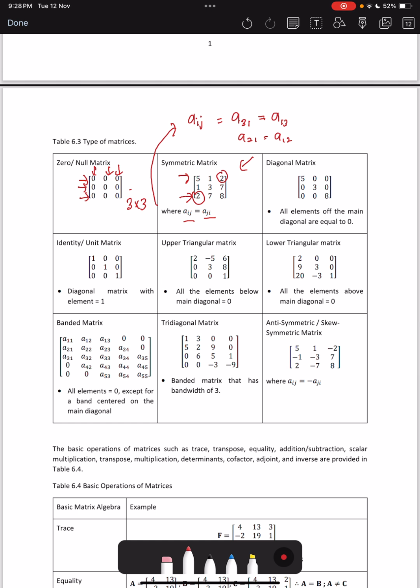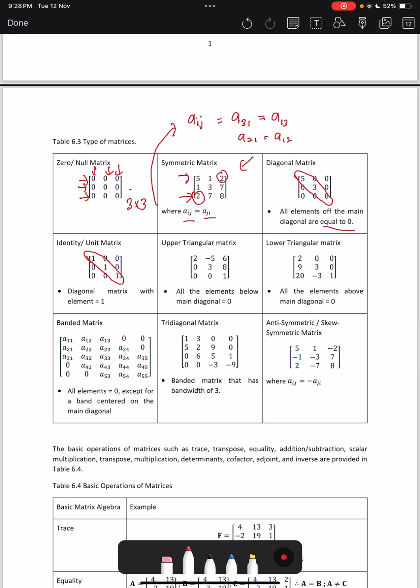Okay, diagonal matrix, meaning that you only have elements on the main diagonal. All elements off the main diagonal are equal to 0. And the identity matrix, as given here, is the same as diagonal, it's just a unit matrix where the elements in the middle are all equal to 1.